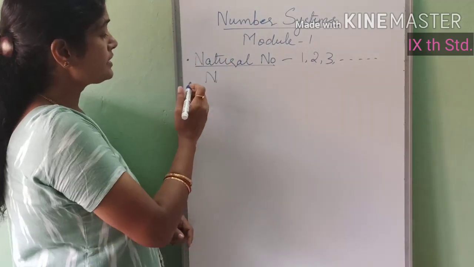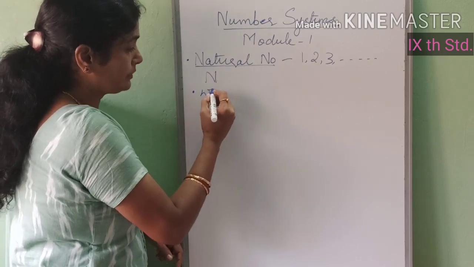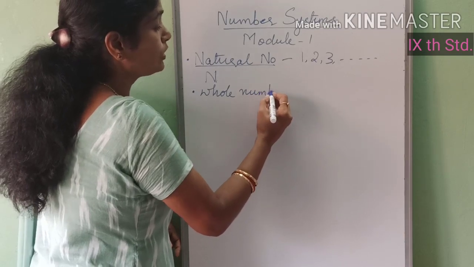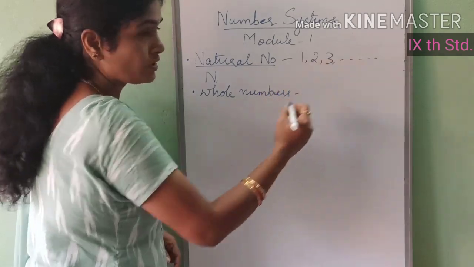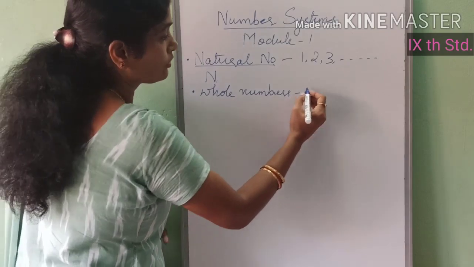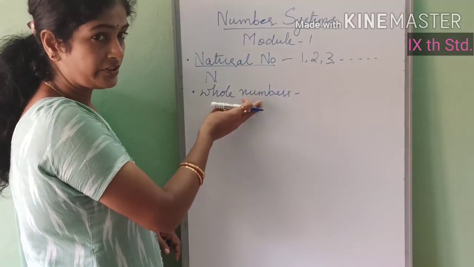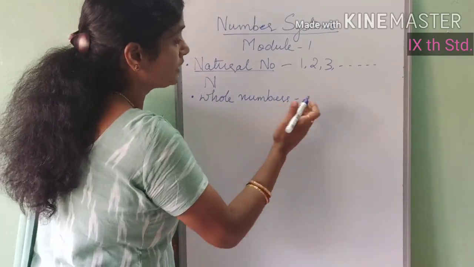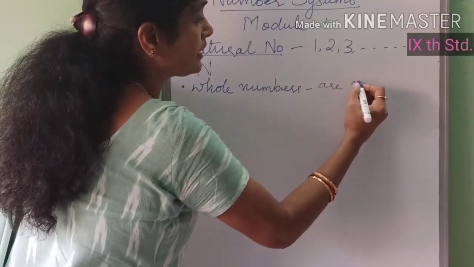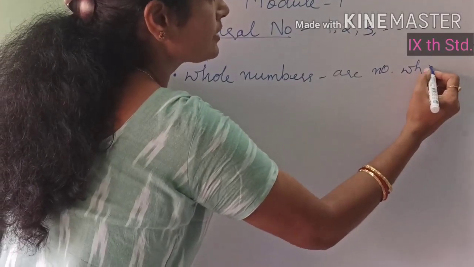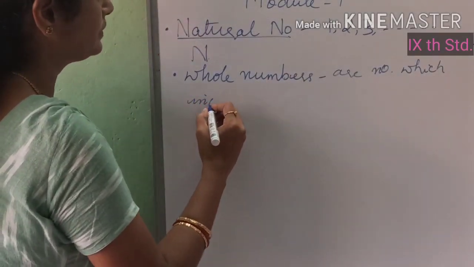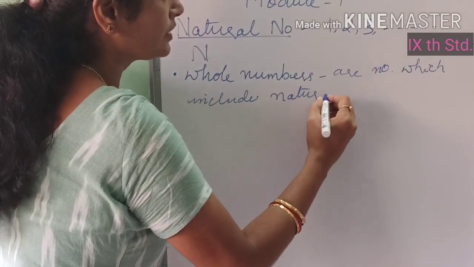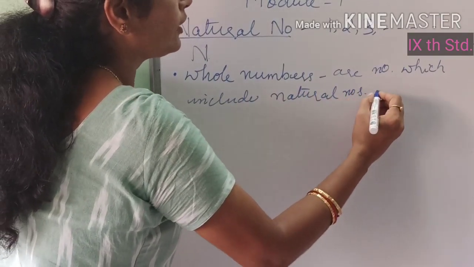After the natural numbers, you have also studied whole numbers. Whole numbers include all the natural numbers along with 0. So, whole numbers is comparatively a bigger set than the natural numbers.